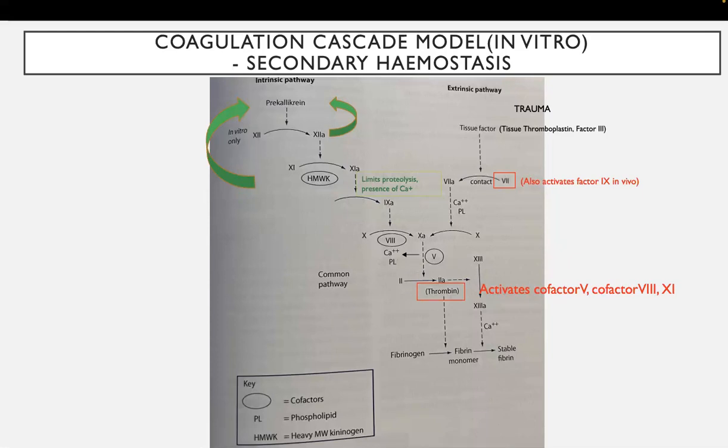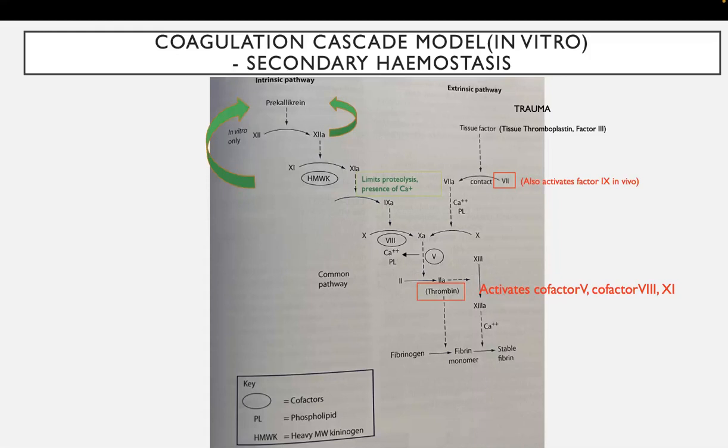So you need prekallikrein. Prekallikrein is another clotting factor, which is important for us to know, because one of our antifibrinolytics works by inhibiting the product of prekallikrein, kallikrein, which we'll get to a bit later. Prekallikrein will then activate factor 12.